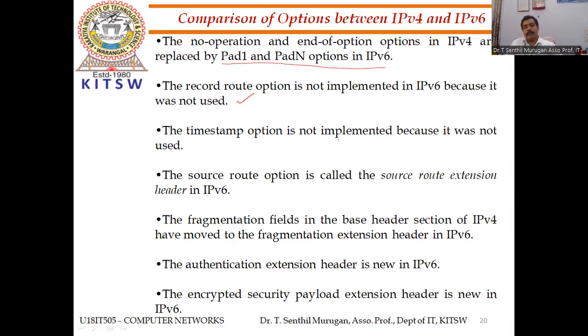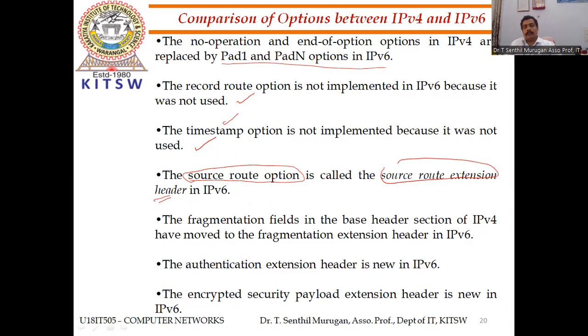The timestamp option is not implemented in IPv6 because it was not used, but it is used in IPv4. The source route option is called the source route extension header in IPv6. In IPv4 they use the source route option, but in IPv6 we use the source route extension header.